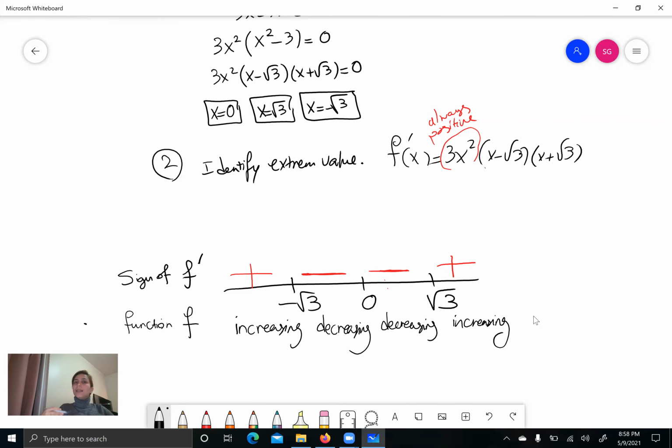Okay, now let's apply the second derivative rule. We need to find the second derivative and then figure out its sign, because that's going to help us finally determine these values. So what is the second derivative?